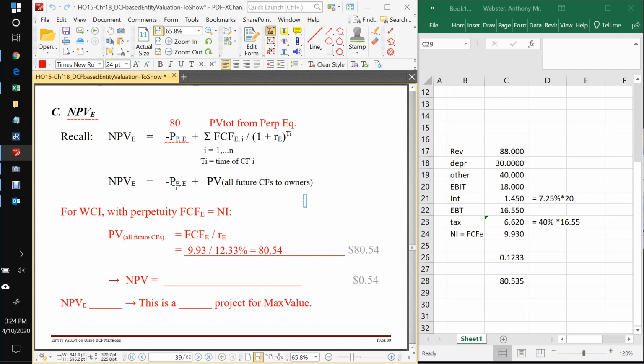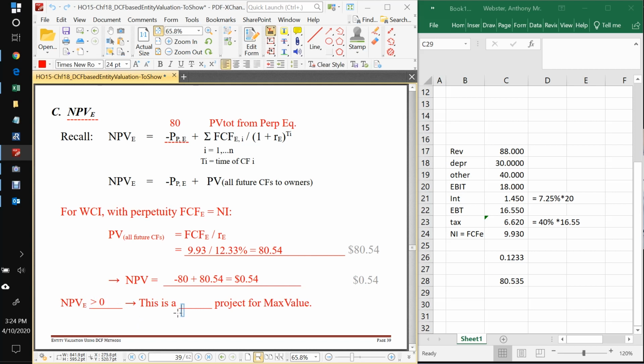So now to get the NPV, we just have to put in there the big blob of their own cash they're using to buy the firm, and let's go ahead and do that. So we've got minus 80 that they put in to buy the firm, plus the present value of all those beautiful cash flows they're going to enjoy until hell freezes over, okay, and that gives us 0.54. And in most circles, 0.54 is greater than 0.